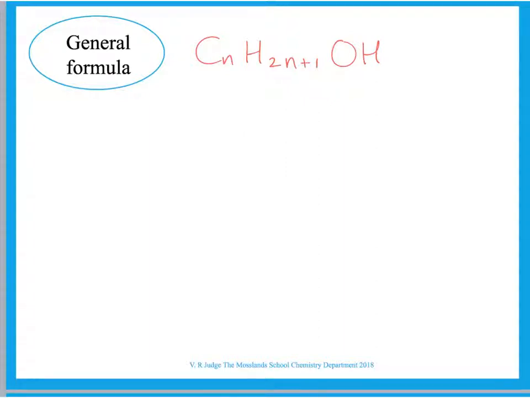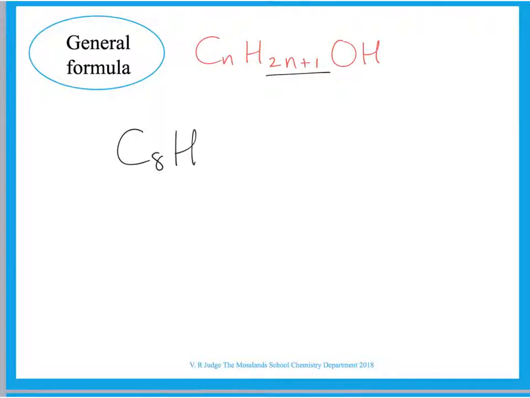Okay, so looking at that general formula for alcohols, then you can now use this to figure out how many hydrogens and things you would have, what the actual formula would be for a bigger chain. So if you had a molecule that had 8 carbons in it and it was an alcohol, you change Cn to C8, which we know it's got 8 carbons, and then you just use the algebra up here to work out what else it's got.